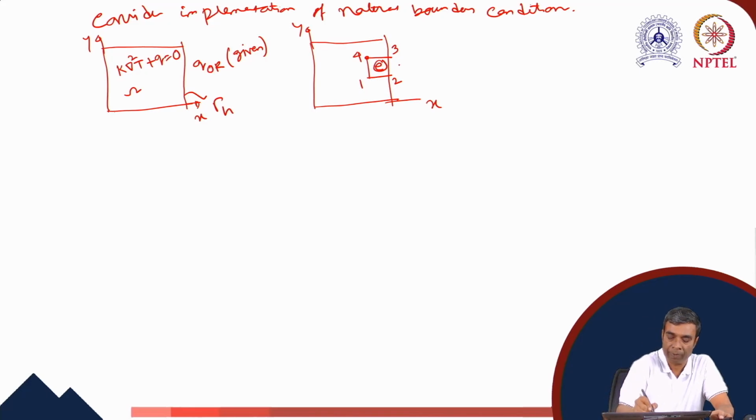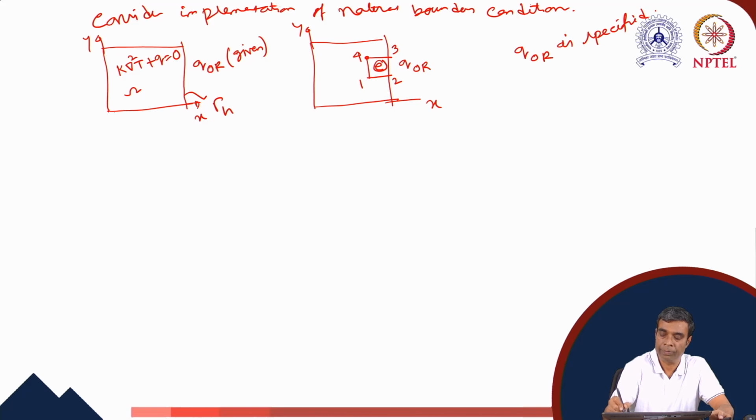Now at the right boundary, our Q0R is prescribed heat flux. So Q0R is specified as NBC data on gamma H. Now we have already derived the weak form in a compact form of the heat conduction equation subject to all four types of boundary conditions.